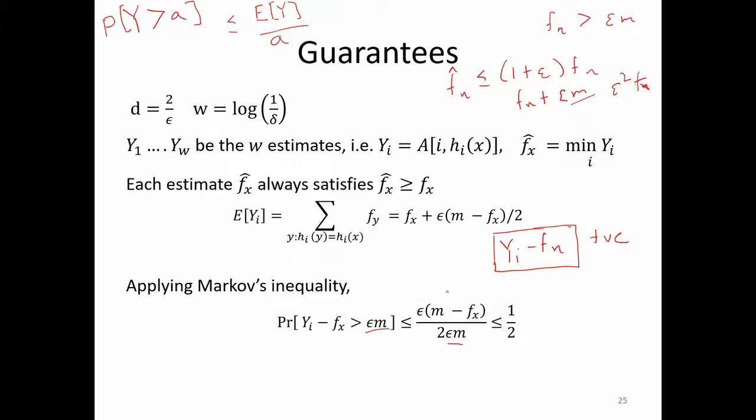If you ignore this part, f of x compared to m, you get a loose upper bound of half. Epsilon m cancels, so this probability is definitely less than half. In fact, it is strictly less than half, because f of x is not 0. If f of x is 0, then we are not doing this analysis.